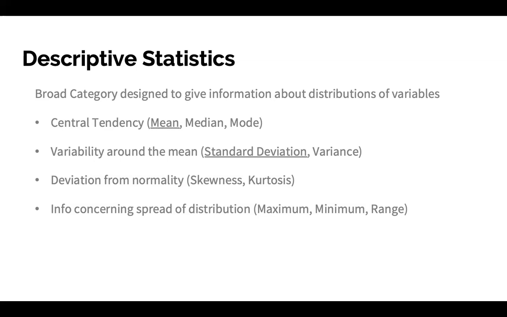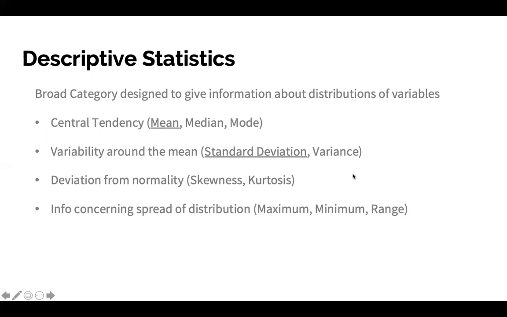And the mean is really the average of a set of scores, and we're going to calculate that both by hand and in SPSS. And then we're going to look not only at central tendency, but at variability around the mean. How do scores vary from the mean calculated from the scores?